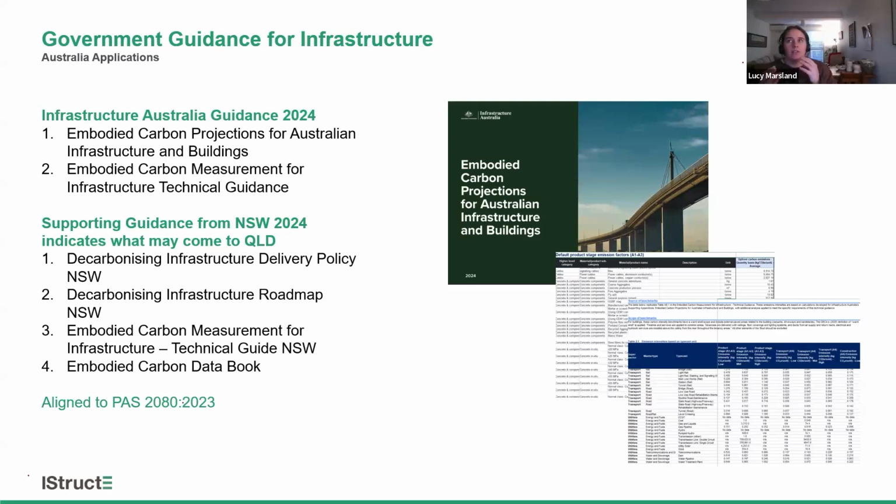So in terms of looking at the two regions, we are at the beginning of having that consistent, quite specific standard for infrastructure that PAS 2080 has been providing to the UK market for a number of years now.